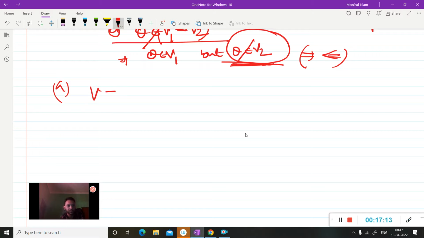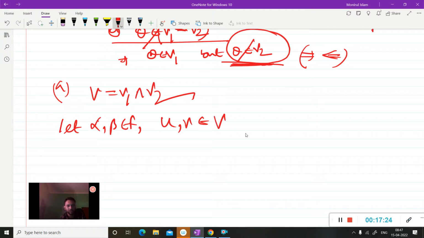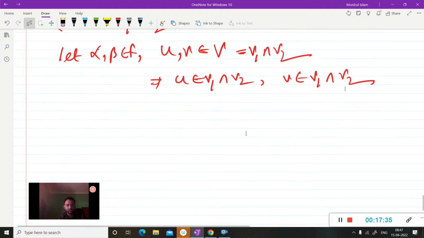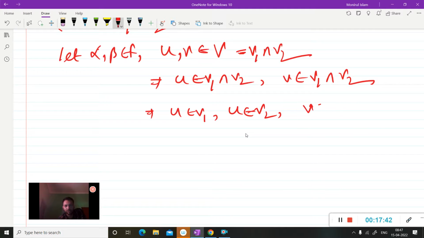Let V equal V1 intersection V2. I am taking two scalars alpha and beta from field F and two vectors, suppose u and v belong to V equal to V1 intersection V2. Now u and v belong to V1 intersection V2, so u belongs to V1 and V2, and v belongs to V1 and V2.